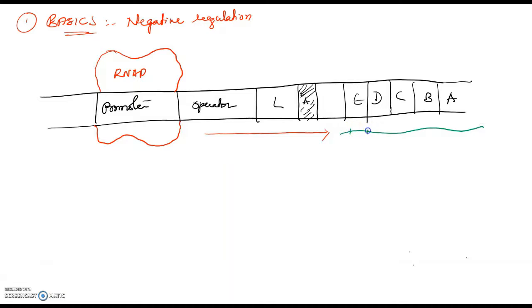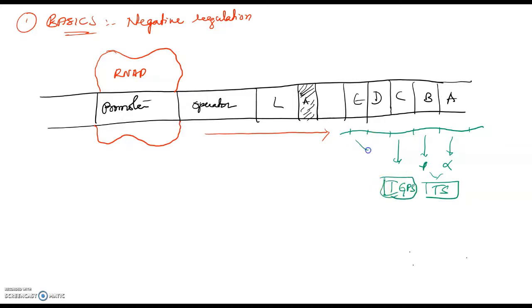Now this mRNA is polycistronic. So this will code for the alpha subunit, this will code for the beta subunit. These two together will form the tryptophan synthase. C will code for indole 3 glycerol phosphate synthase.